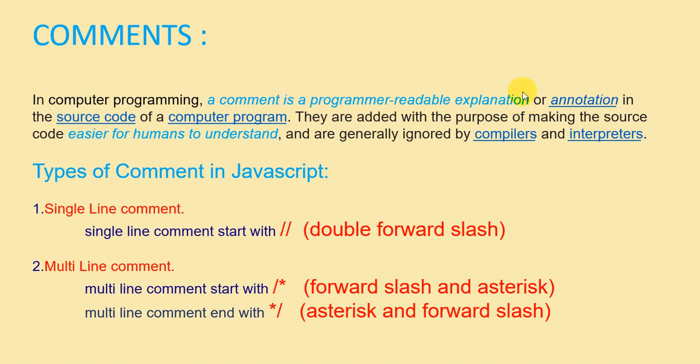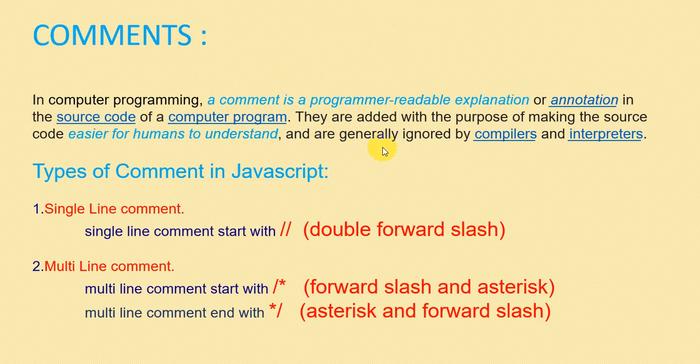Again I am reading. In computer programming, a comment is a programmer-readable explanation or annotation in the source code of a computer program. They are added with the purpose of making the source code easier for humans to understand. Means in future if a new programmer joins a company, he can understand the purpose of this code, why this code is written, why this function is used.